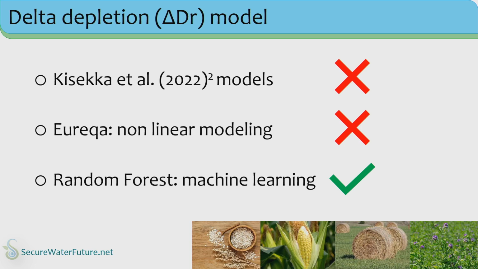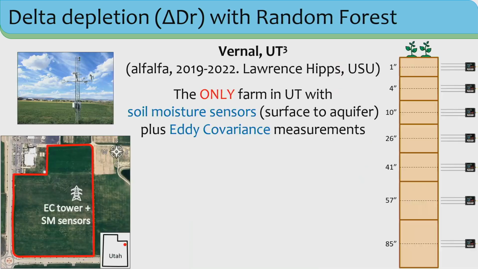It didn't work either. So as a last resort, we considered the use of machine learning, specifically the random forest, to model these changes in soil moisture depletion over a monthly period of time.